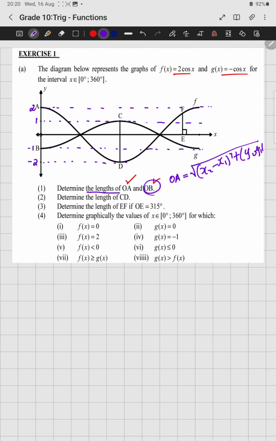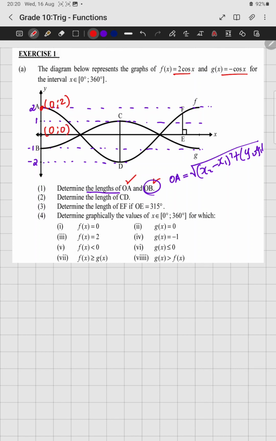Okay, at point A here, let me just use another color. At point A we've got the x value. Remember, this is on the y-axis, so x there is 0, so it is (0, 2). At point O over here it must be (0, 0).